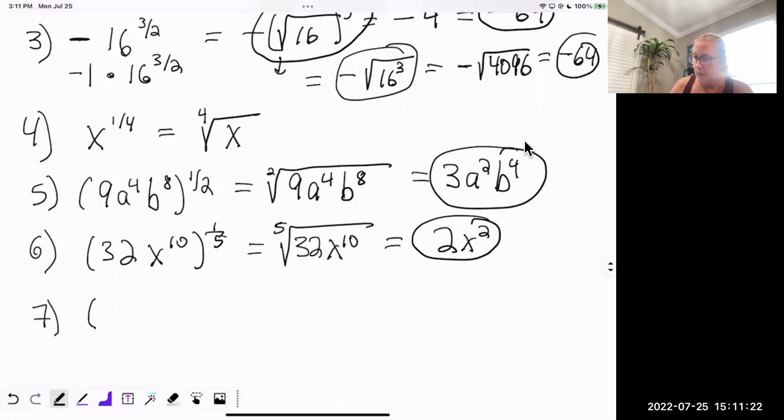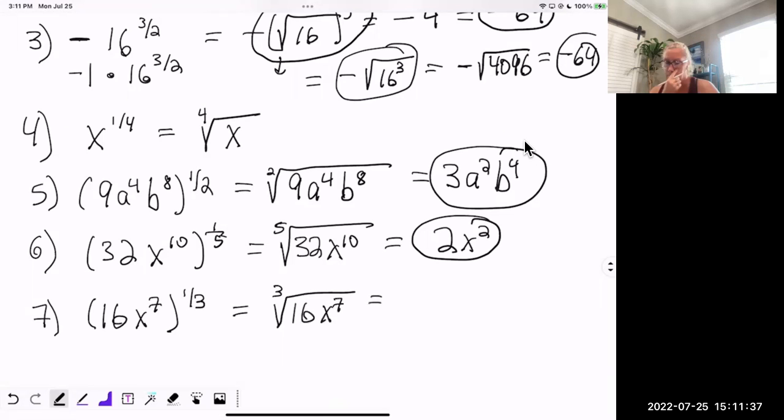Seven. 16 x to the 7th, to the 1/3. Well, that would be the cube root of 16 x to the 7th. There is no number that multiplies 3 times to be 16, but I know there's an 8.